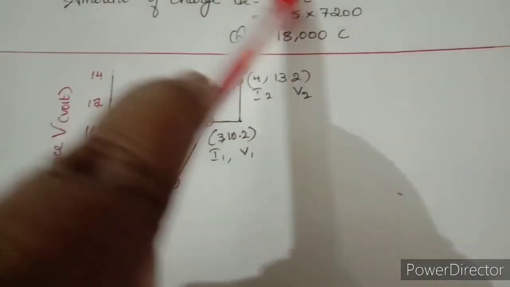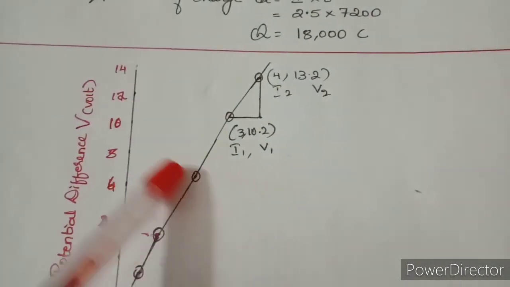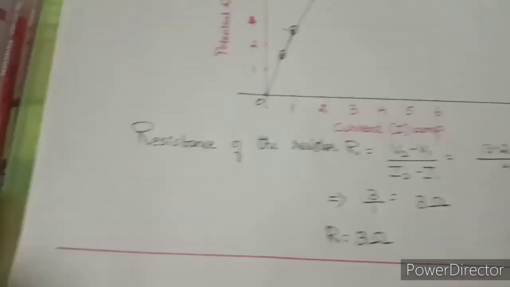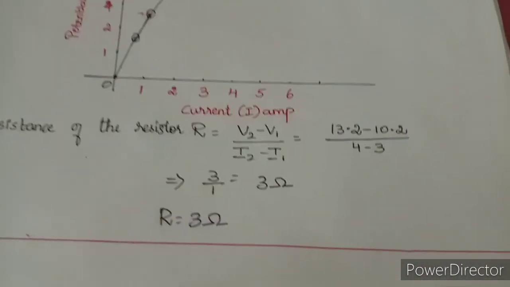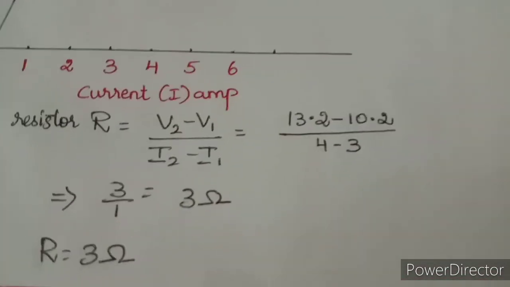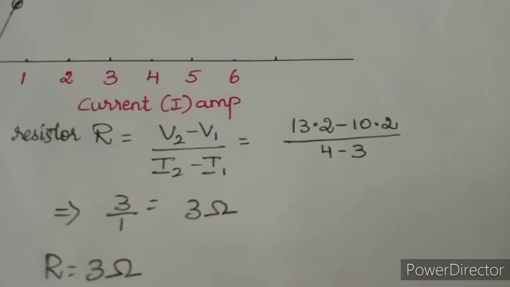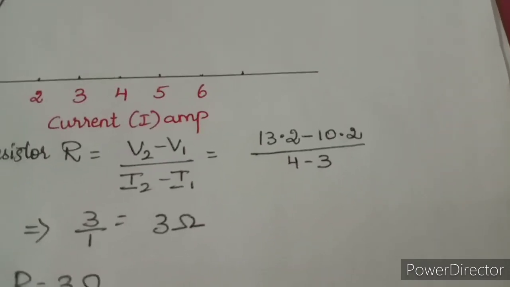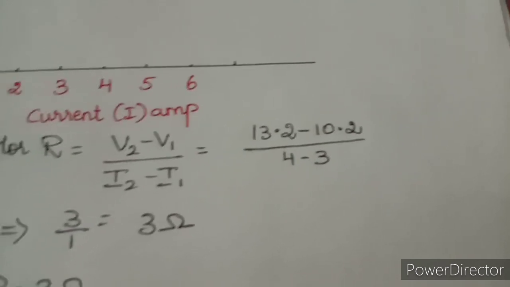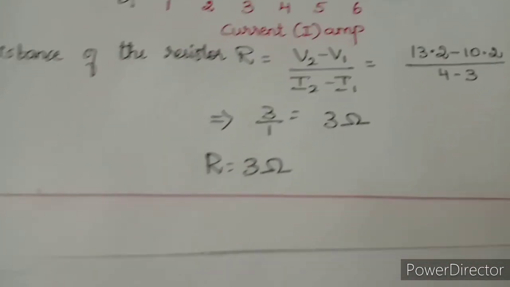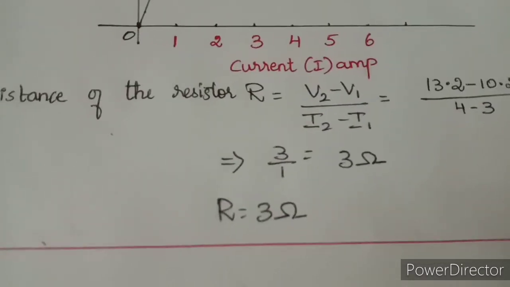By using I1, V1, I2, V2, we are going to find the value of resistance. So the resistance of the resistor R is equal to V2 minus V1 divided by I2 minus I1. This is the formula for finding the resistor. So 13.2 minus 10.2 divided by 4 minus 3, which is 3 divided by 1, which is equal to 3 ohms. So the resistor value is 3 ohms.